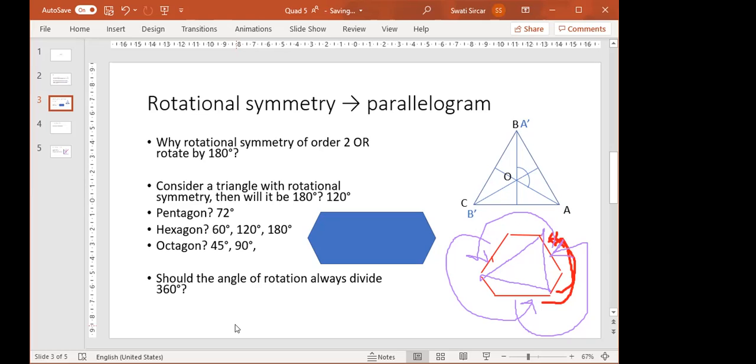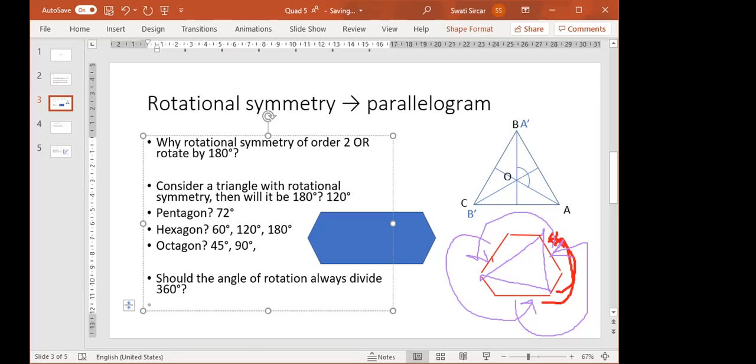Especially in terms of the order, okay? It is very important to figure out this order of rotational symmetry. You divide this angle of rotation by that, okay?